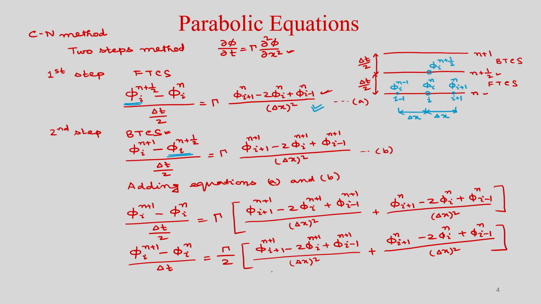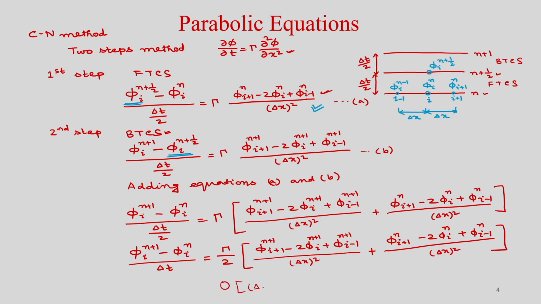So you can think of this Crank-Nicholson method as a two-step computation. One computation you are doing from n to n plus half as FTCS, then n plus half to n plus 1 as BTCS scheme. So obviously it is unconditionally stable, we have already discussed, and the order of accuracy is delta t square and delta x square.